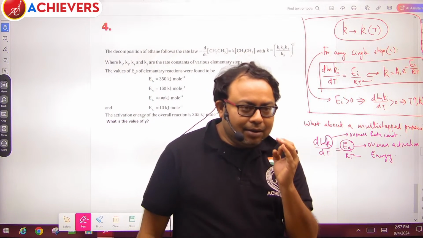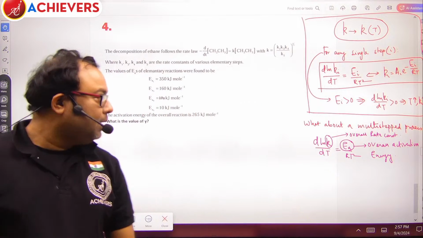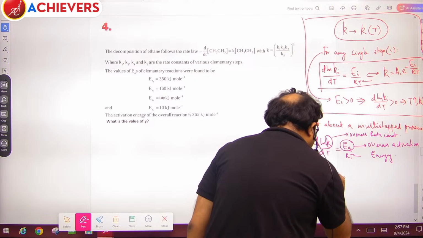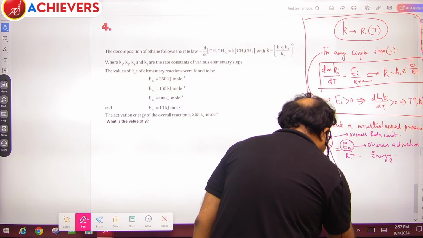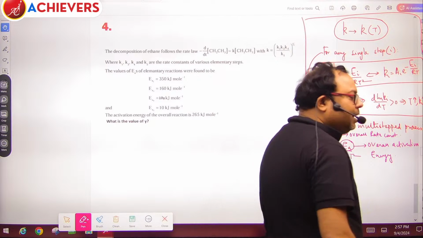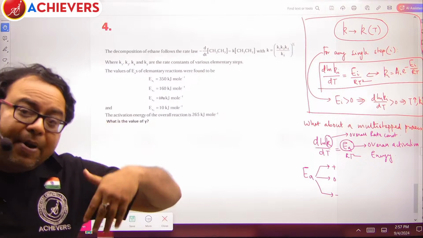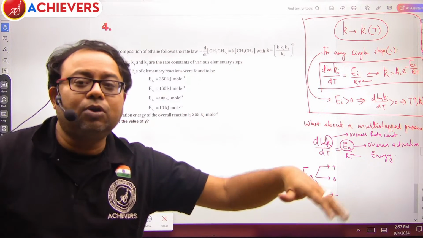But there is a confusion. In this particular case, Ea can be positive, can be 0, can be negative. It is not certain that, as compared to the previous case, Ea should always be positive.